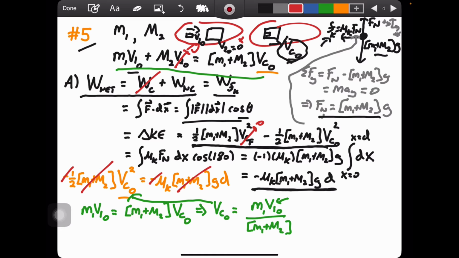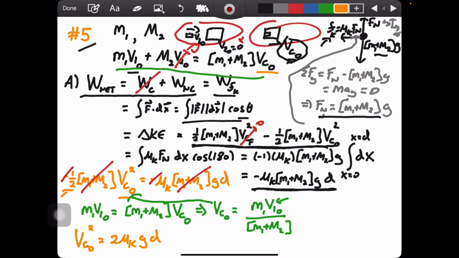So what I can say now is the V combined initial squared is equal, if I multiply both sides by 2, because I have a 1/2, you see right here, if I divide both sides by 2, then what I'm going to get is a 2 mu k, and I'm going to have a g for gravity and a d for the total displacement.